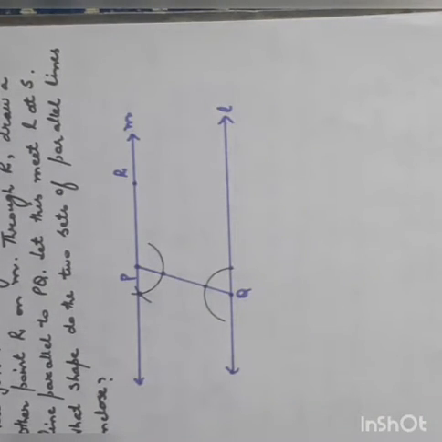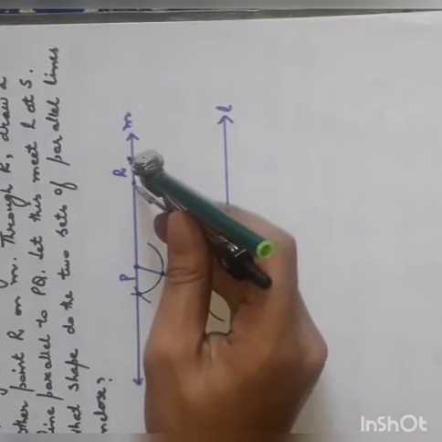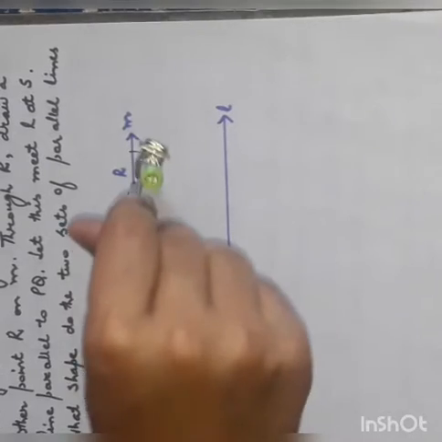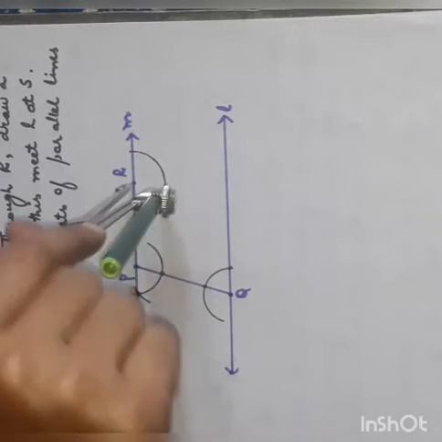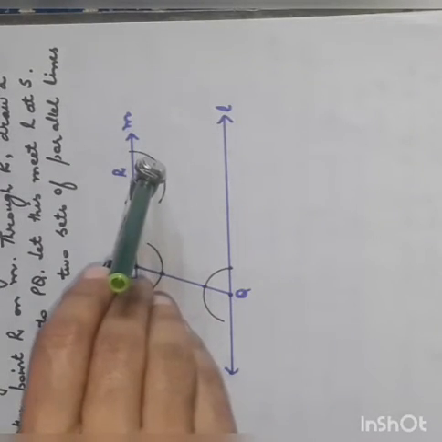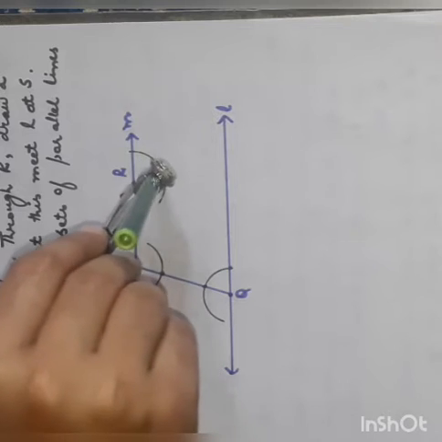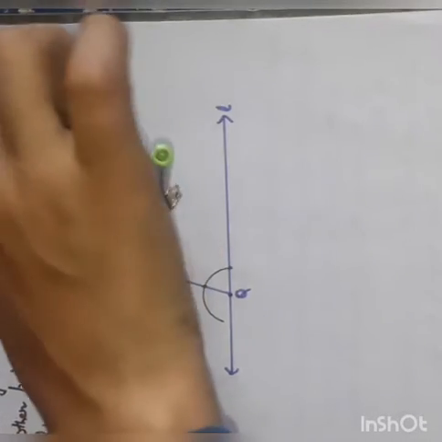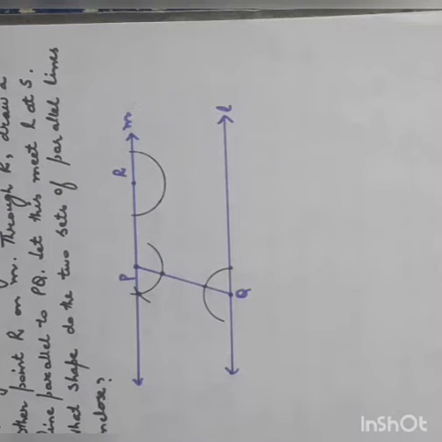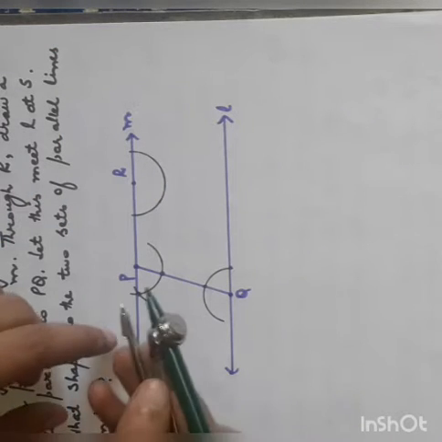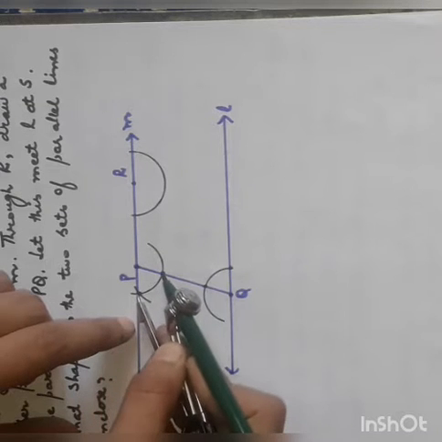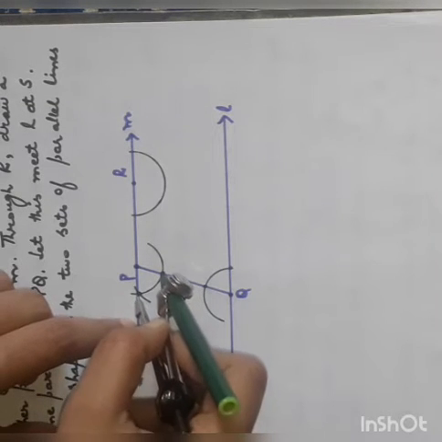So now what I'll do is, I'll draw an arc here with R as center. Okay. Now see, I'll put the tip of the compass here and adjust the opening up to this point. Clear?